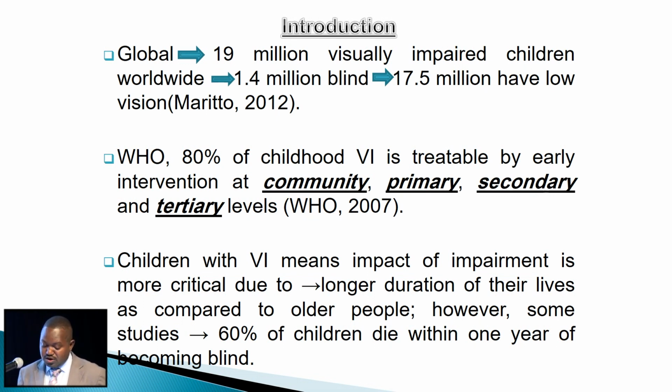As you know, childhood visual impairment has an impact on the whole life of children, and children have a long life compared to old people, so visual impairment has a huge impact on the whole of a child's life. Some studies indicate that children die within 1 year of being blind.